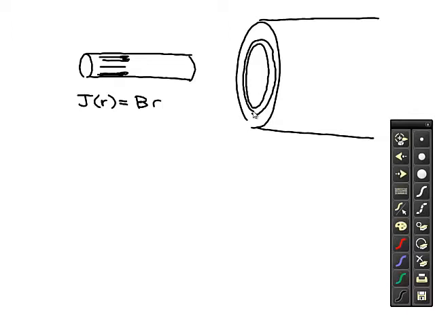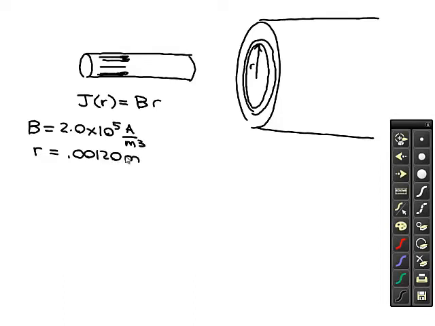A couple of things they tell us. They tell us that this constant B is 2 times 10 to the 5th amps per cubic meter. It's just the units they need to use in order to make it work out. They tell us that this thin ring has a radius of 0.00120 meters.